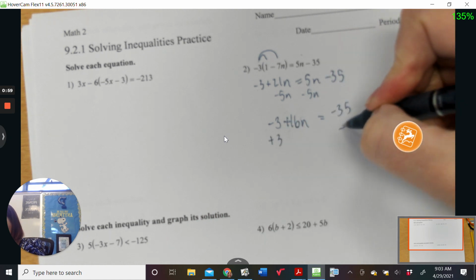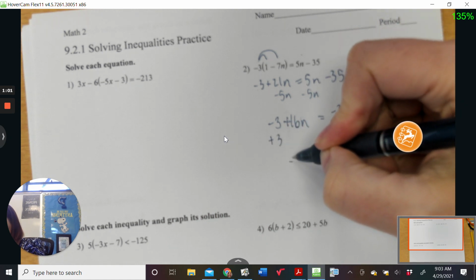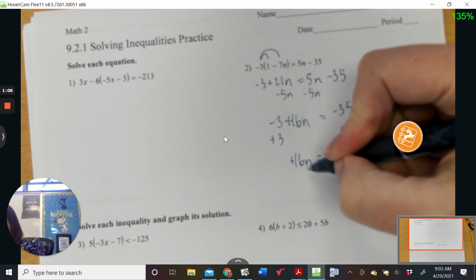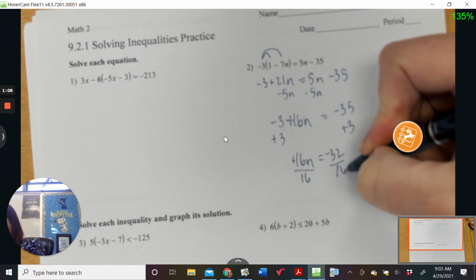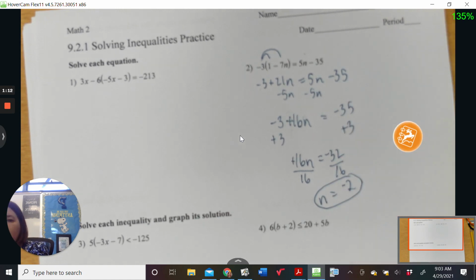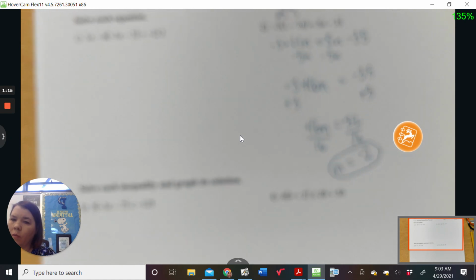Add 3 to negative 35, and 16n equals negative 32. Divide by 16, and n is negative 2. No big deal. So why bother?